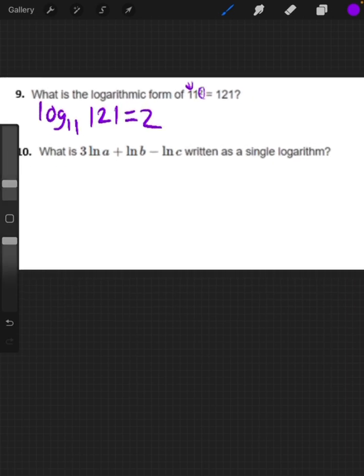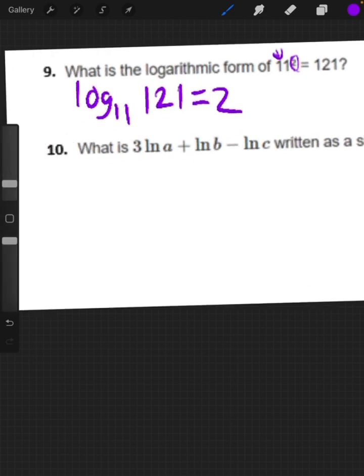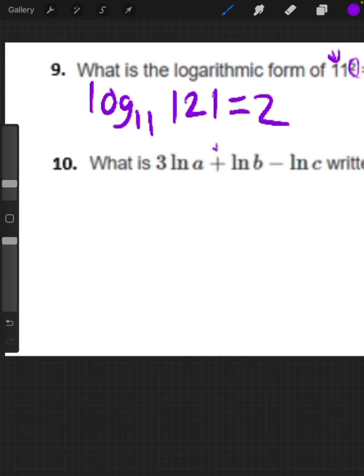What is 3 natural log A plus natural log B minus natural log C written as a single logarithm? So we know that addition can be turned into multiplication, and subtraction can be turned into division.